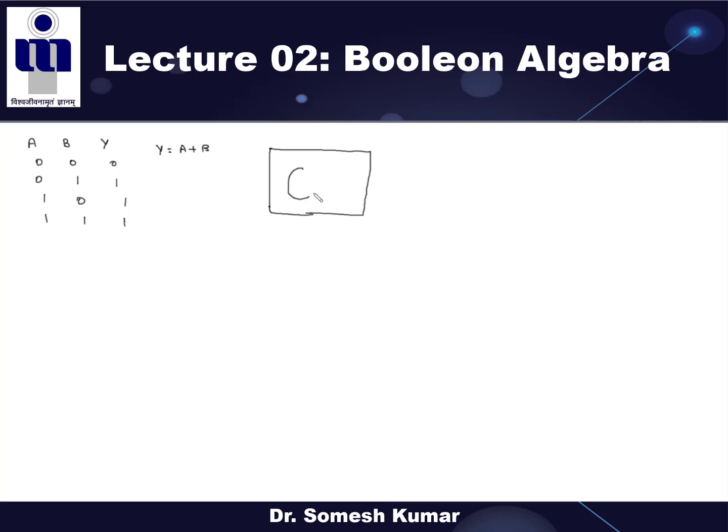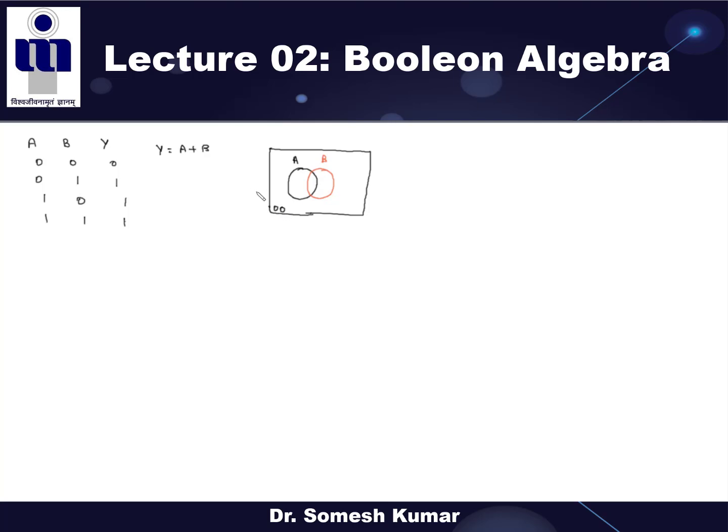This is A and this is B, right? This is B and this is A, right? Now, what is 0 0 first? This thing we can say is 0 0, right? Clear?